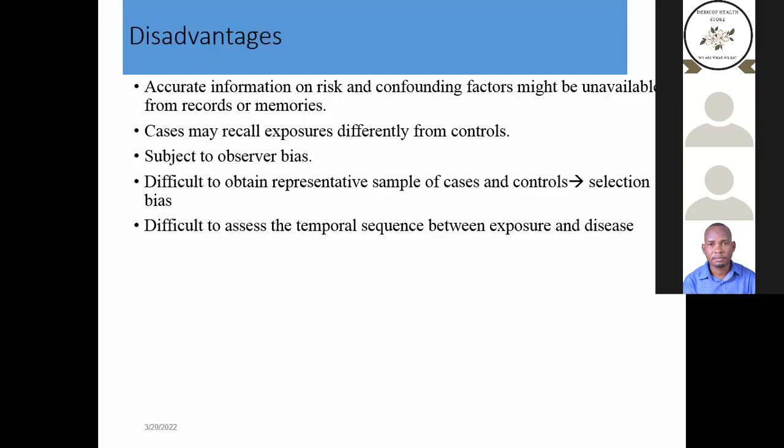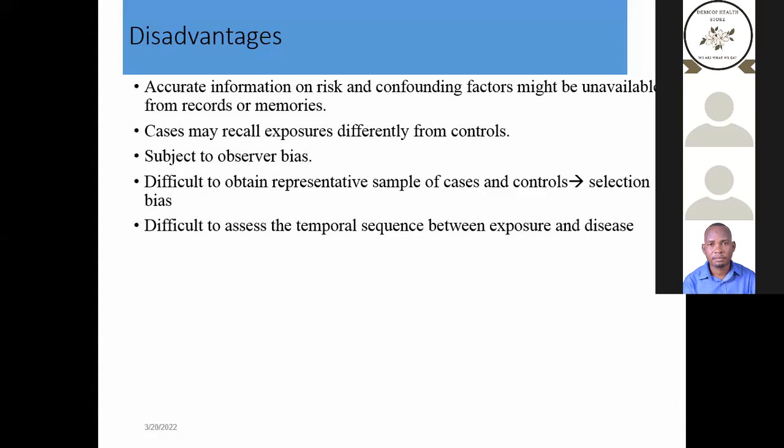Now, under the disadvantages, accurate information on risk and confounding factors might be unavailable from records and memories. That's self-explanatory. Cases may recall exposures differently from controls. You ask someone how that disease came about, and they don't remember, or they remember different things.